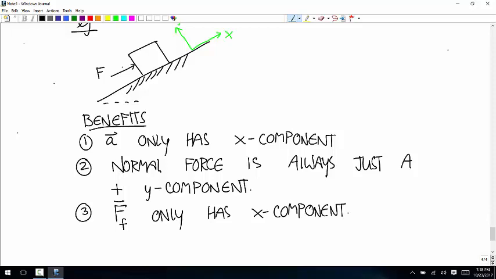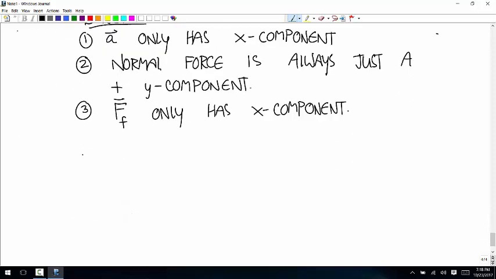If you didn't choose this rotated coordinate system, each one of those forces, you'd have to use cosine and sine and figure out the angle and do all that stuff. There's one drawback, and that is that choosing a rotated coordinate system like that messes up the simplicity of the weight force.